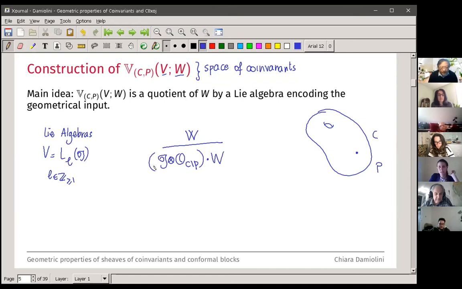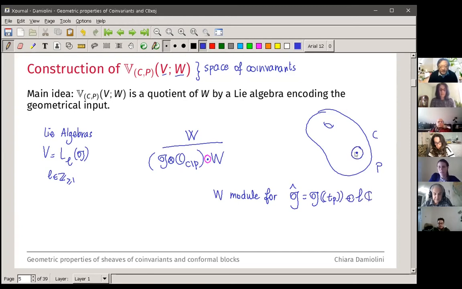Where this Lie algebra here is essentially extending the scalars of G with the functions on the curve minus the point. And the reason why this acts on W is because naturally W is a module for what I want to call the affine Lie algebra G hat, which is a central extension of G. Essentially, it's an algebra which I want to see living near the point.